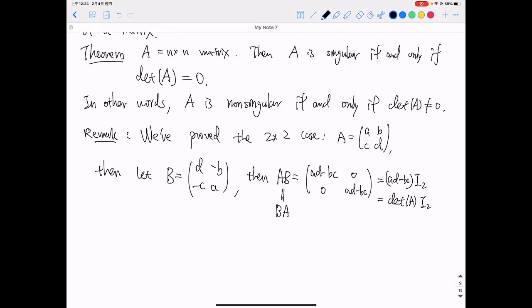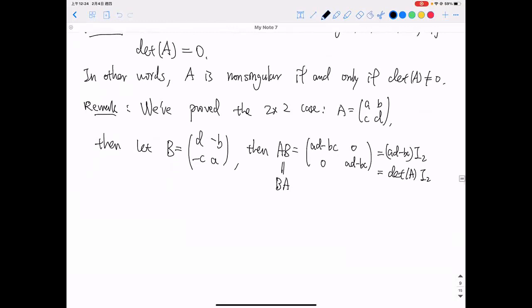So what this is saying is that if the determinant of A is 0, then A is not invertible.